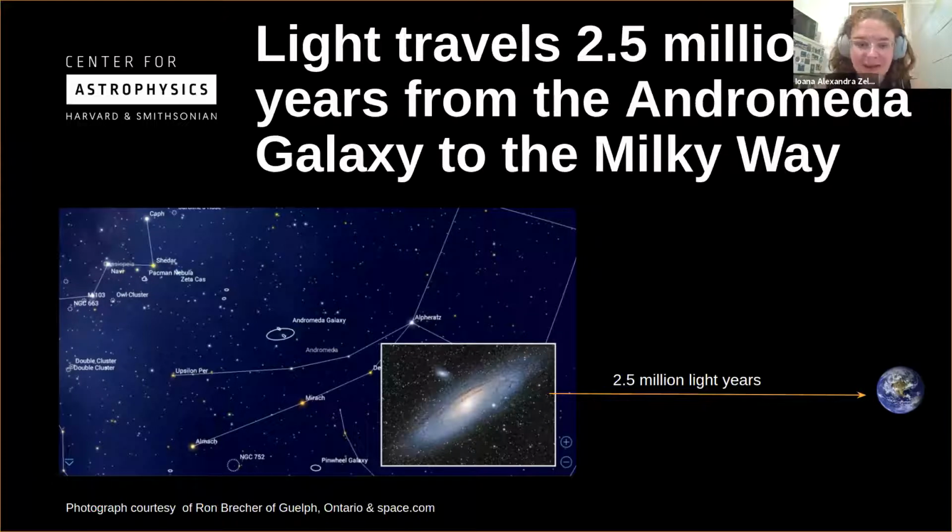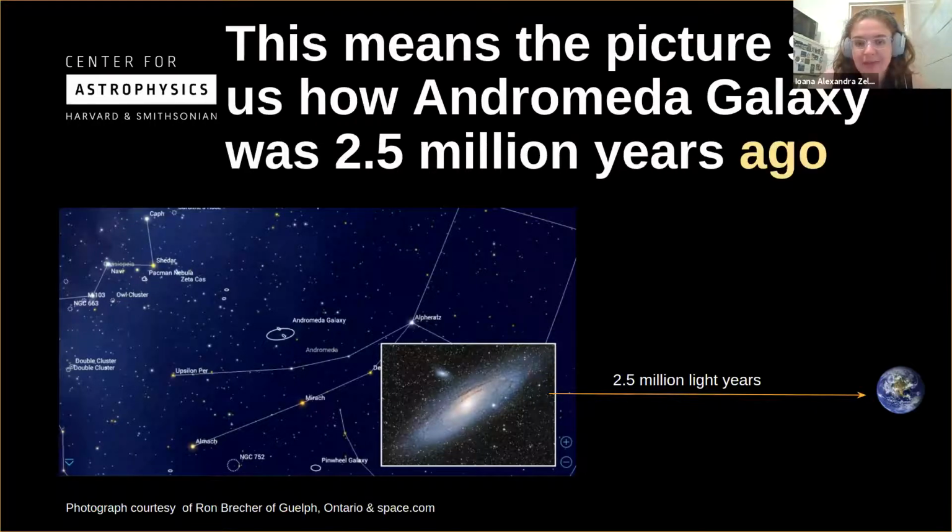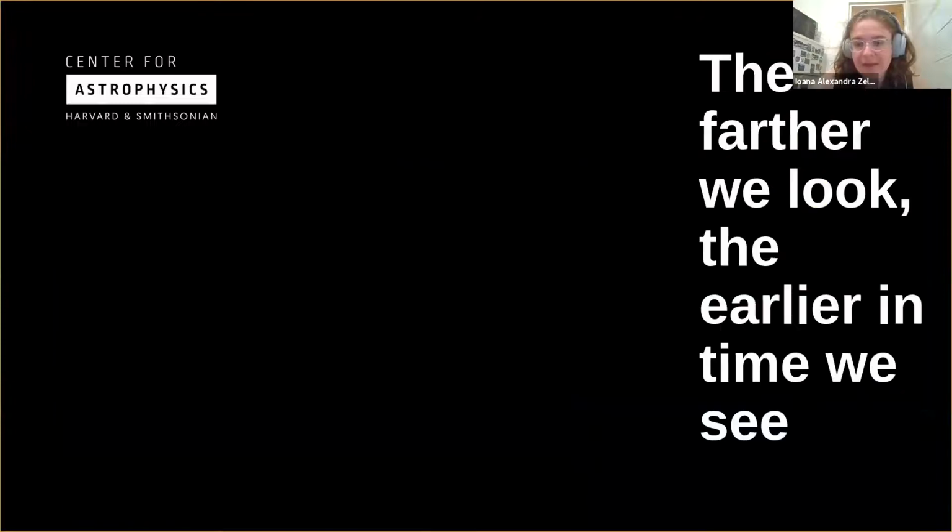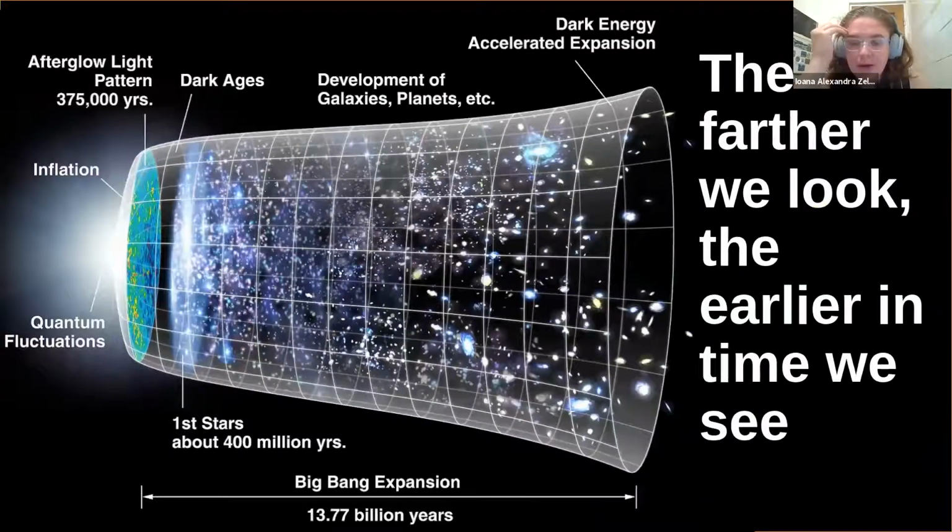That's quite a big leap in time to be able to see using our technology. Basically, the further we look in distance, the earlier in time we get to observe. And we can look so far away that we reach times when galaxies and planets have not yet formed.